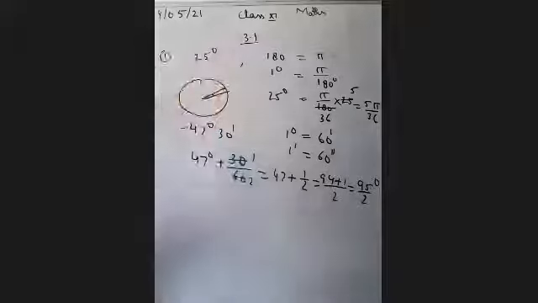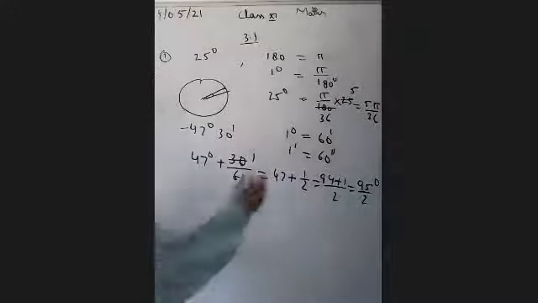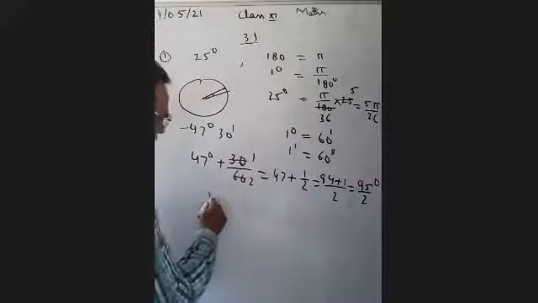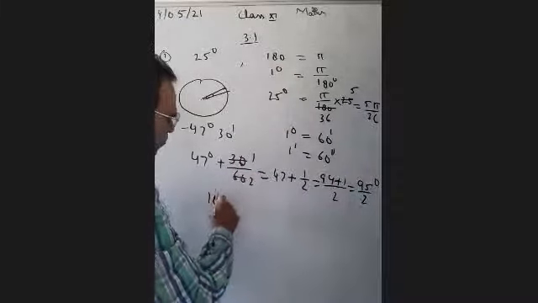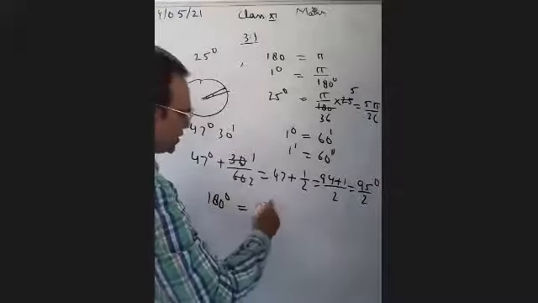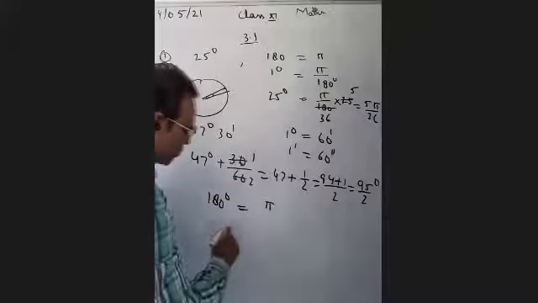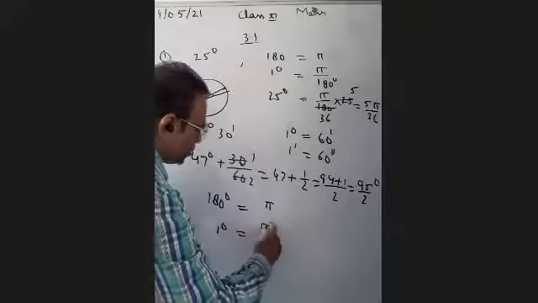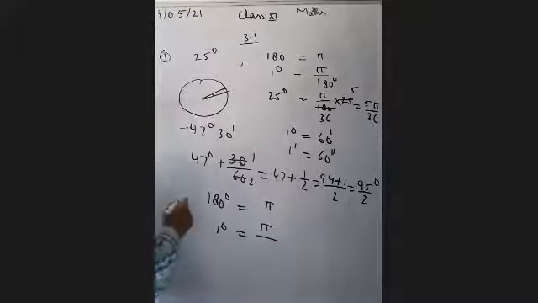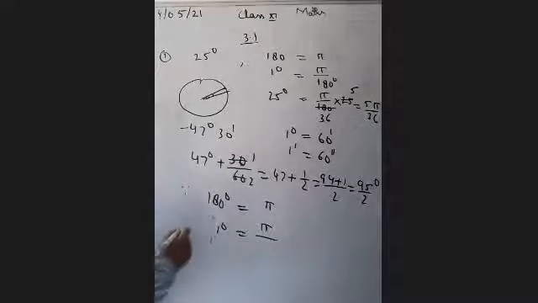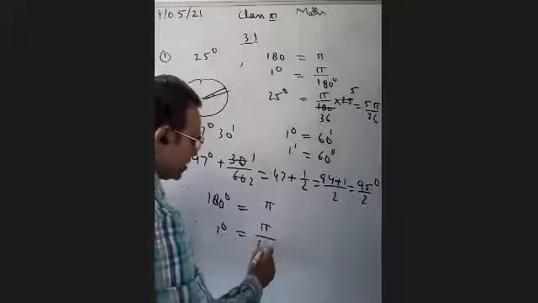We have converted 47 degree 30 minutes into degree. Minutes we have converted into degree. So now we want to convert. As we know that 180 degree equal to pi radian, 1 degree equal to pi upon 180. So 1 degree equal to pi upon 180 degree.